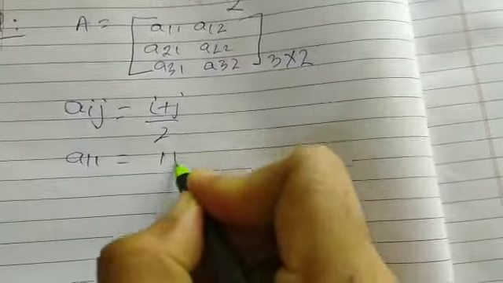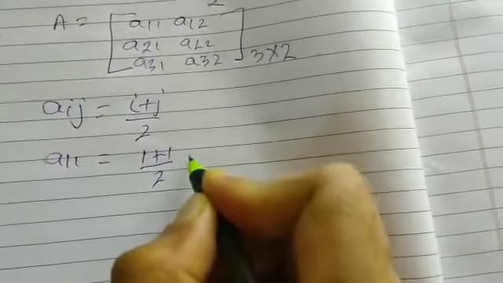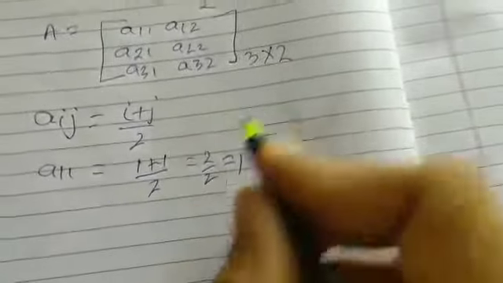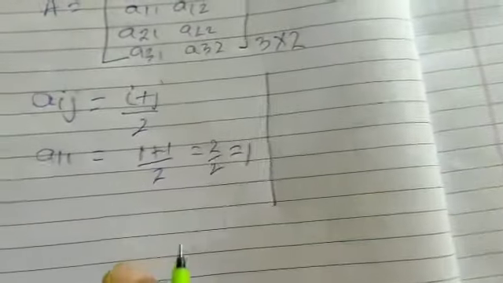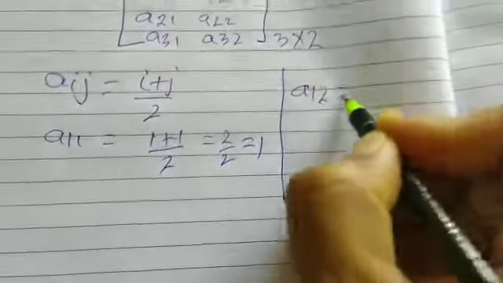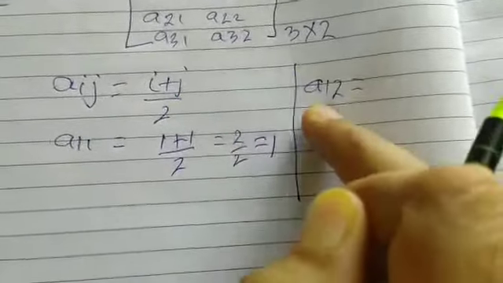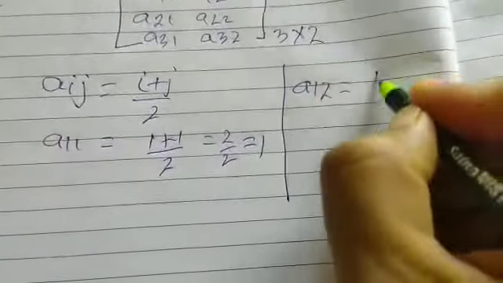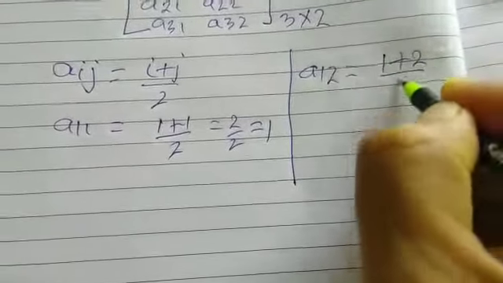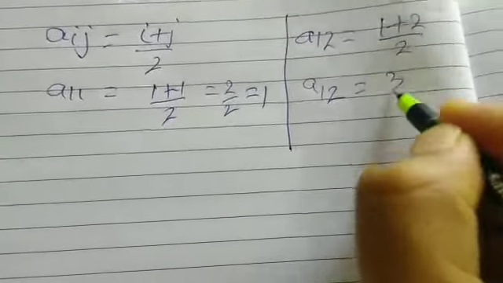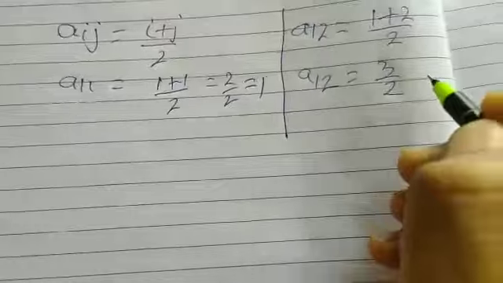Let us put the values: (1 plus 1) by 2, that is 2 by 2, so A11 is 1. Now let us find the value of A12. The formula is the same. We have to add these two numbers. Here i is 1, j is 2. So (1 plus 2) by 2, that is A12 equal to 3 by 2.